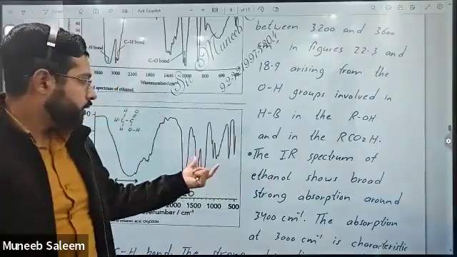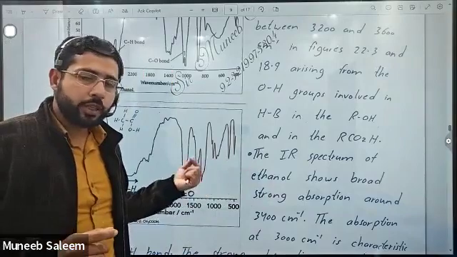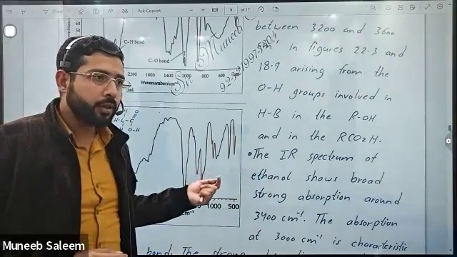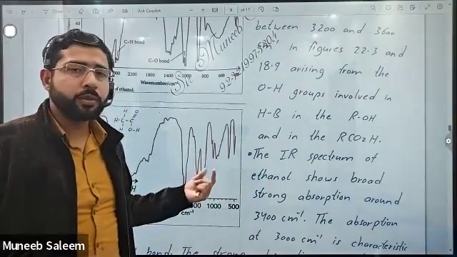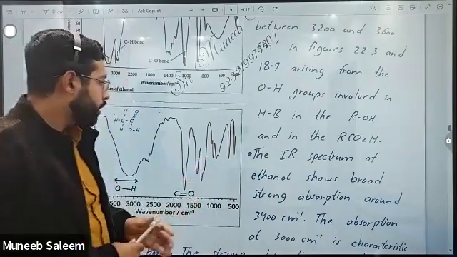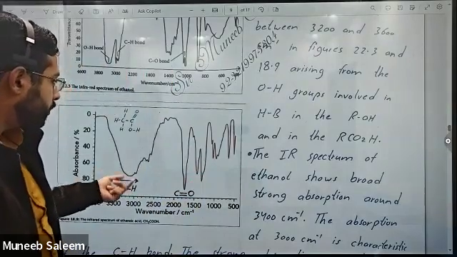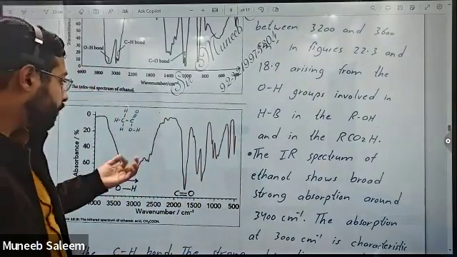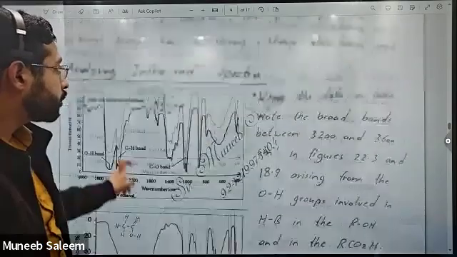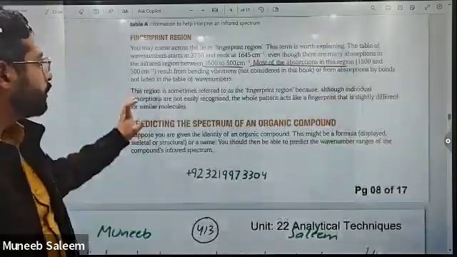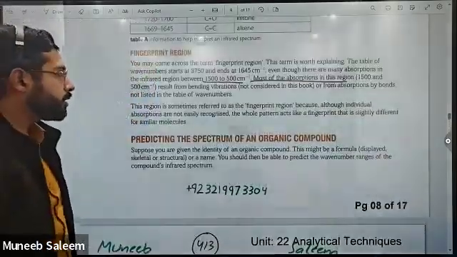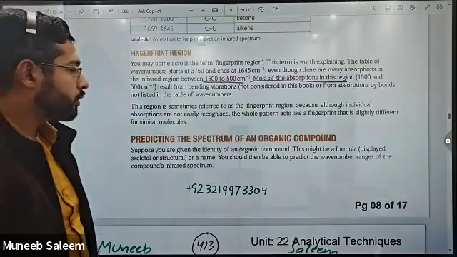So this range also indicates those bending vibrations, but we are not much concerned with the bending type of vibration. However, the stretching type of vibrations are more helpful because they can be used to identify the presence of functional groups. So we will not consider the fingerprint region to identify the functional group.